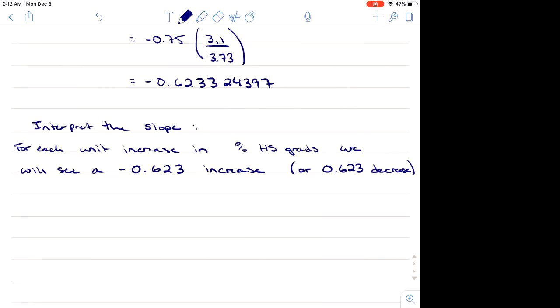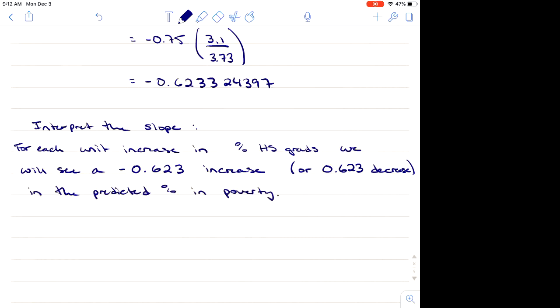So I just stick with the slope amount increase, regardless of whether it's positive or negative, because that's the only way that I can make sure that I'm actually saying something true, right? So we will see a negative 0.623 increase in the predicted percent in poverty, right?